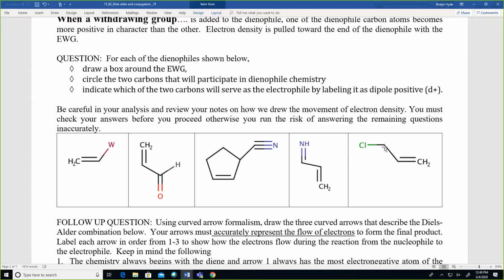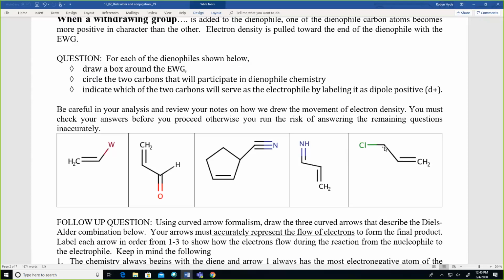Okay, so let's look at these dienes. Again, keeping in mind, the dienophiles are our good electrophiles. When they get complicated, we have to very carefully evaluate the nature of the dienophile so that we know exactly how the chemistry occurs. Here's how I conduct my analysis of dienophiles.